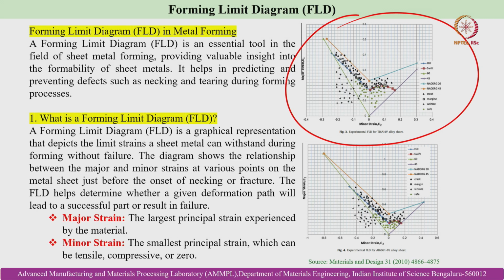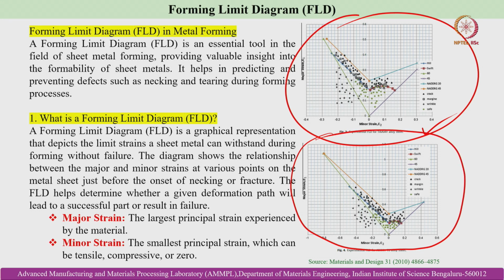Here two typical forming limit diagrams are shown, for titanium alloy sheet at the top, and for aluminum 6061 alloy. Both of them are very useful in sheet metal forming.